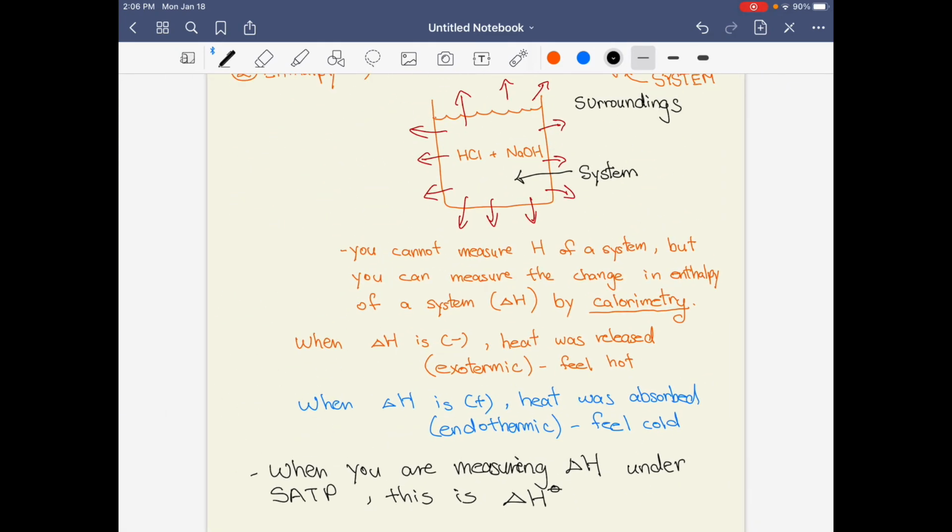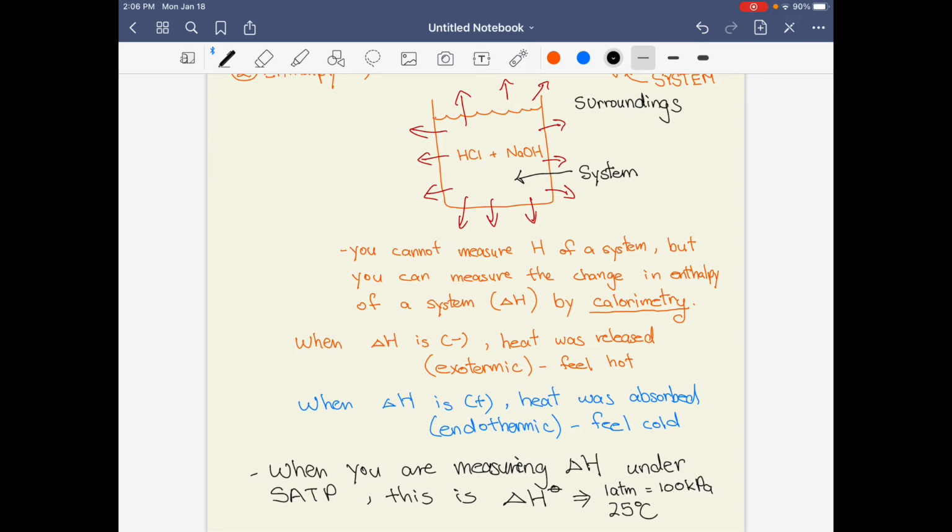This little circle with a slash is an indication that you're doing this experiment under 1 atmospheric pressure, which is really 100 kilopascal, depending on what type of units of pressure you are comfortable with, and at 25 degrees Celsius.